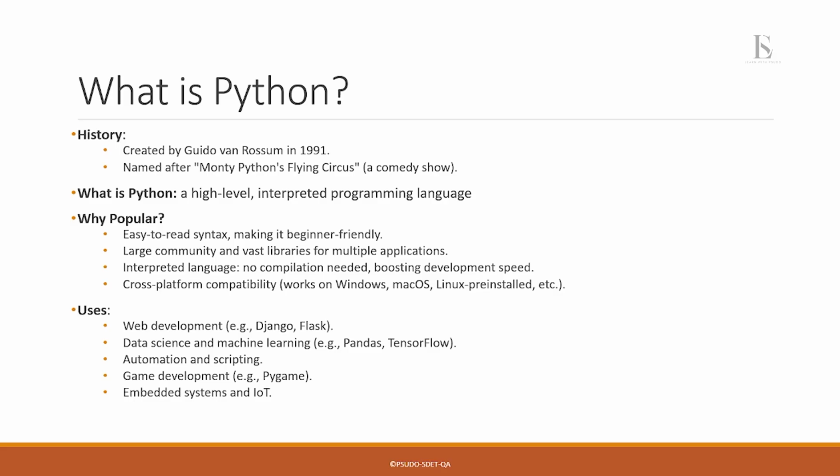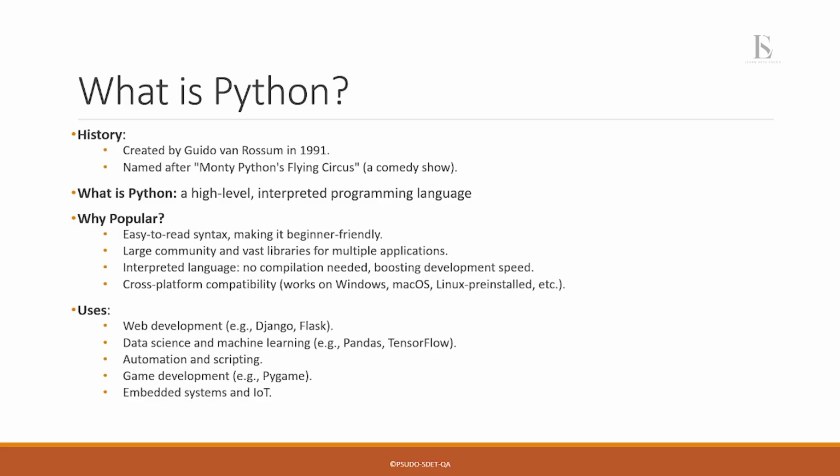Now if we talk about interpreted programming language, what does interpreted mean? Interpreted is a common word that you'll find in programming, especially with Python, because Python works based on an interpreter. The language that uses an interpreter is designed in such a way that it executes the code line by line using an interpreter.